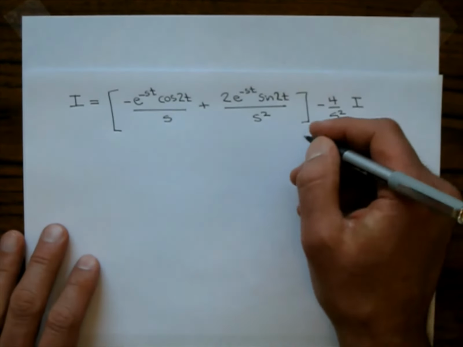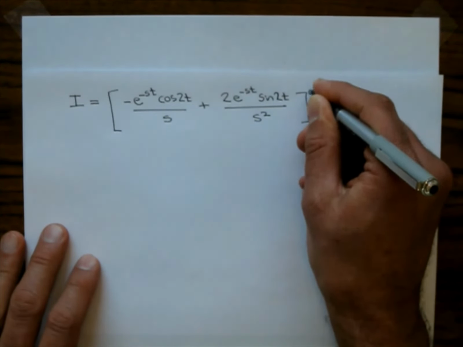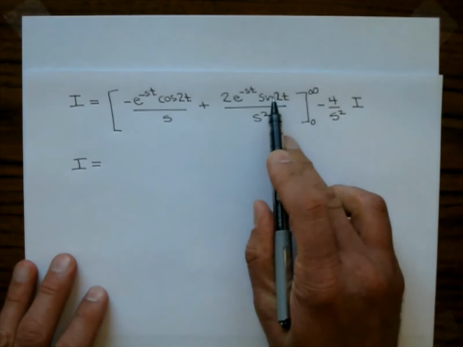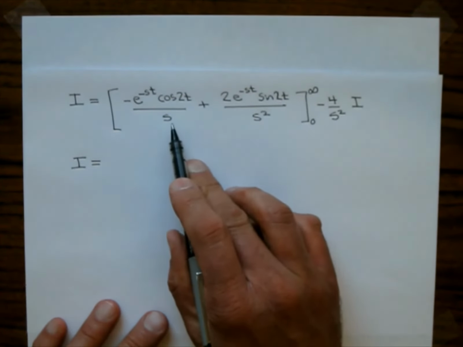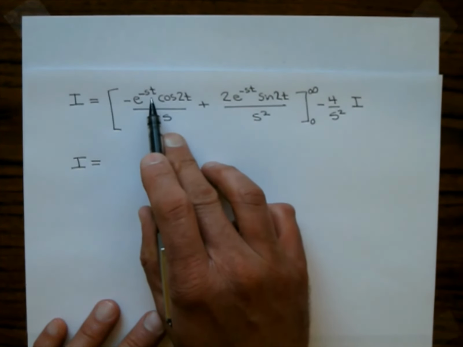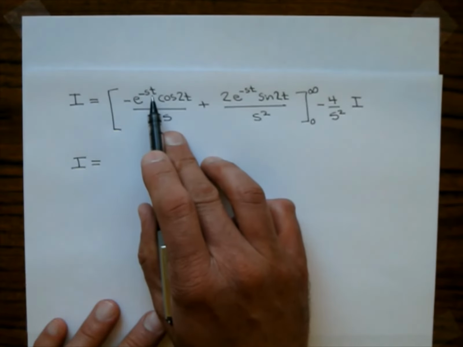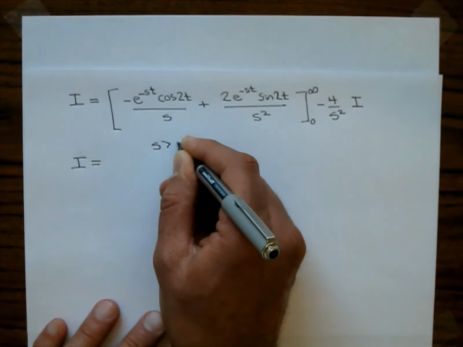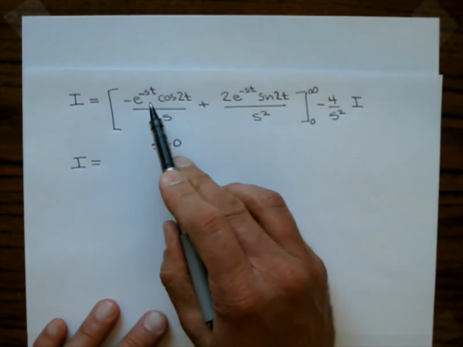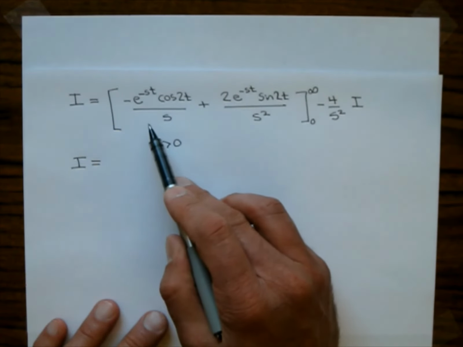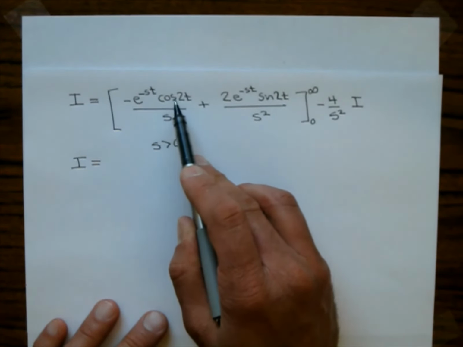So let's continue with this, and there is a 0 and an infinity there. So let's go ahead and put infinity in, and what do we learn when we put infinity in? We want this thing to be 0 when you plug infinity in for t. Now, if s is greater than 0, then it looks like e to the negative 7t, which would get sucked to the bottom, and you'd have a limit that does not exist for the cosine when you put infinity in.